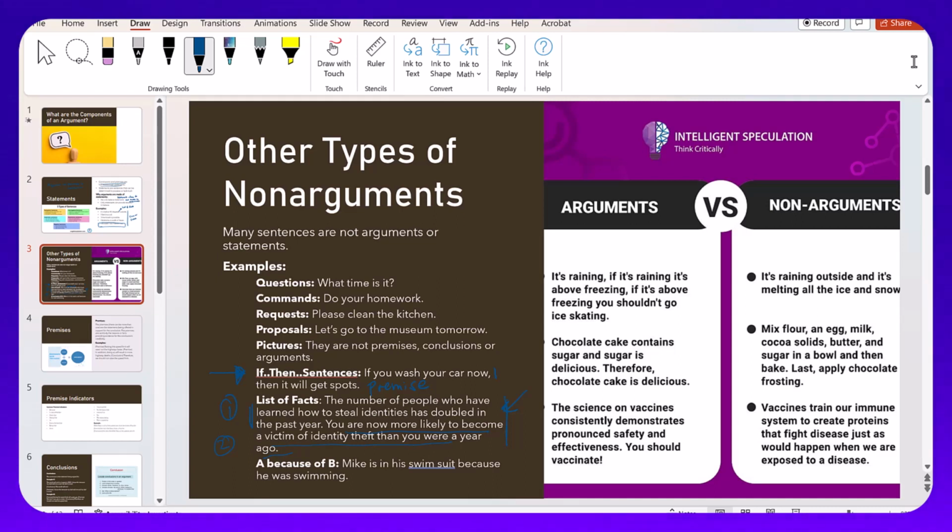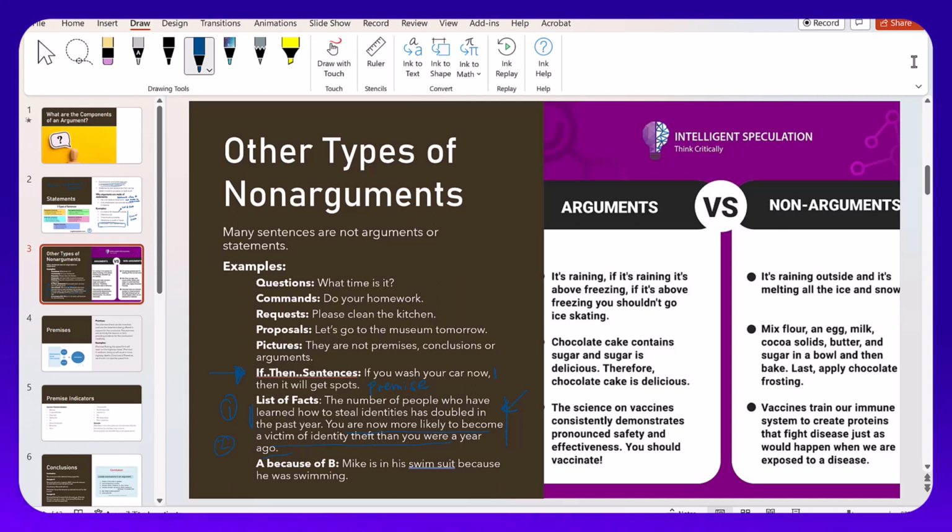So the list of facts, it doesn't take much to make it an argument, right? It's just a little tweak here and there that can make a difference. And we'll look at these arguments versus non-arguments in just a minute when we go through the list. So if you see a list of facts, the key is: is there a clear connecting piece that makes one a premise and one a conclusion, versus just a list of facts?